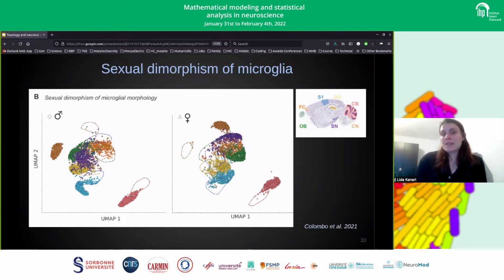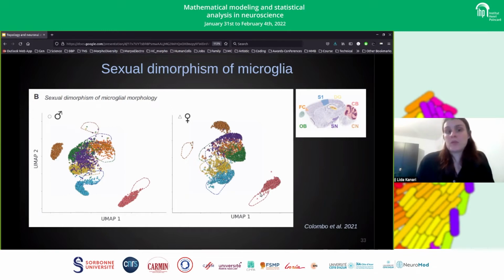So what this tells us is that there is a distinct pattern in the microglia within the brain, depending on the region, that can separate male from female microglia. I'm not showing it here, but they went deeper into this analysis and studied how the microglia respond to different lesions. And what you could see there is that male and female microglia respond differently and recover differently for different conditions.